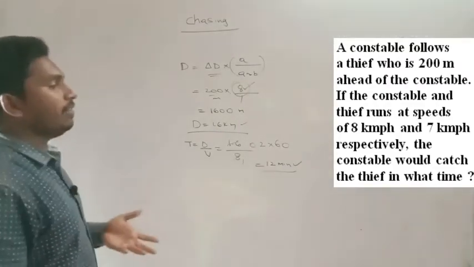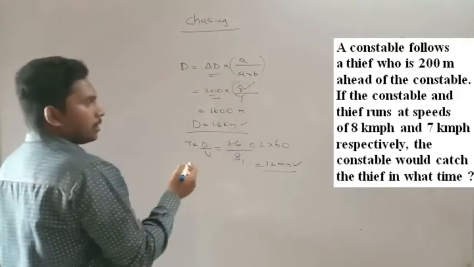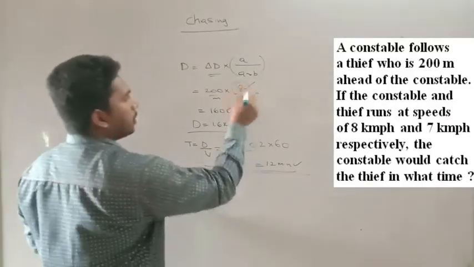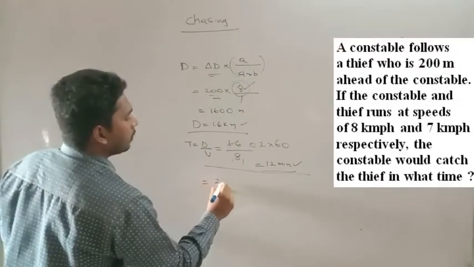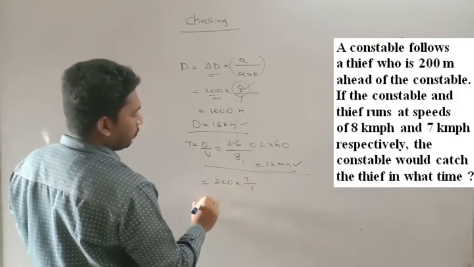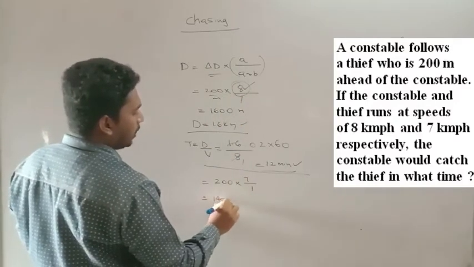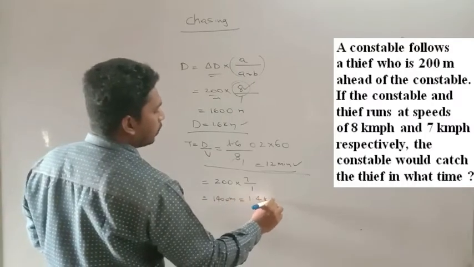Or you can even solve this by taking the thief's speed. Instead of substituting 8 here, you can substitute 200 into 7 by 1. This will be 1400 meters, which equals 1.4 kilometers.